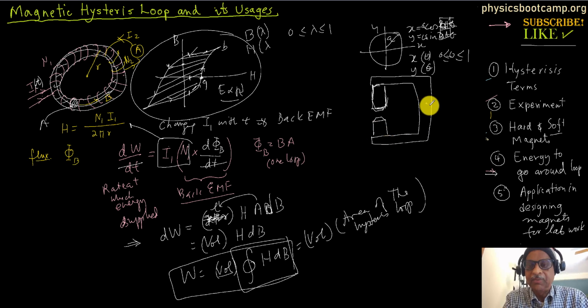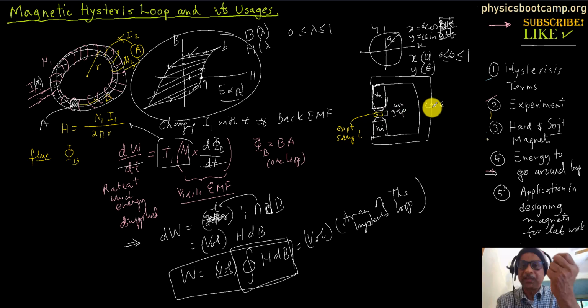So this is some kind of core, and this is a magnet, and this is a magnet. Let's say these are identical magnets, and there is some kind of gap here, say air gap, and this is where you are going to do an experiment. This is the space you're going to bring a sample. So this is the space you want to set up some kind of magnetic field. You're going to do an experiment on a sample.